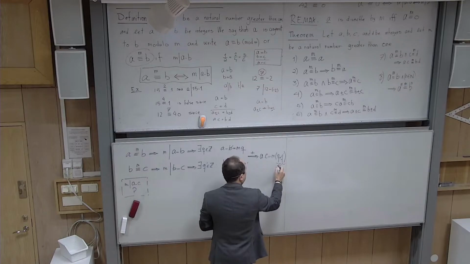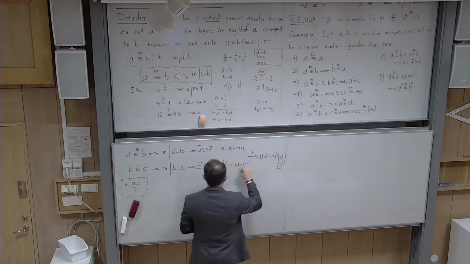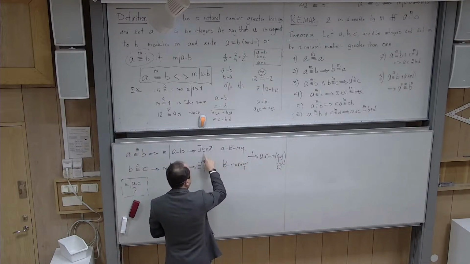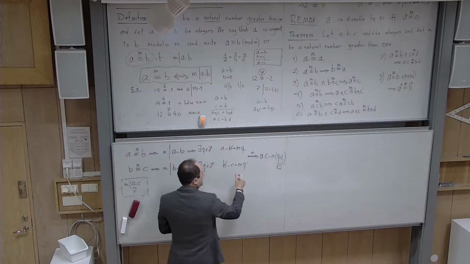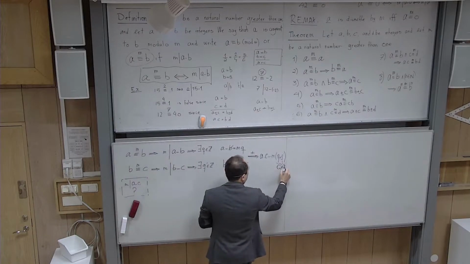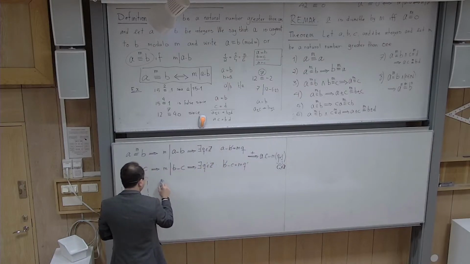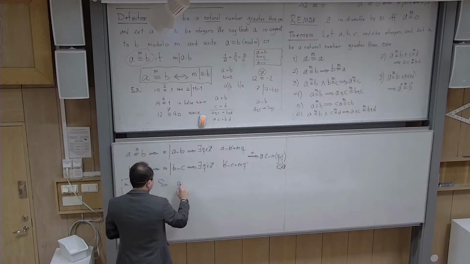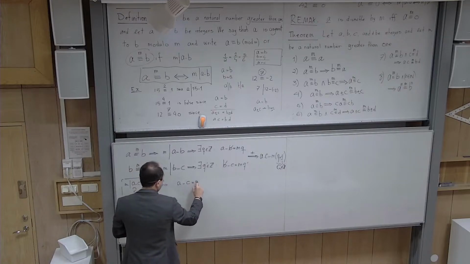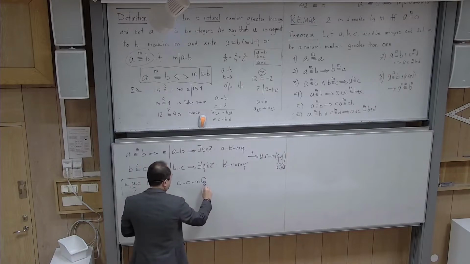The answer is yes, because q and q prime are integers, and it is clear that if I have two integers, when I add them, it becomes another integer. So what is the result? So what I got is that A minus C is m times a q, but this q belongs to Z.